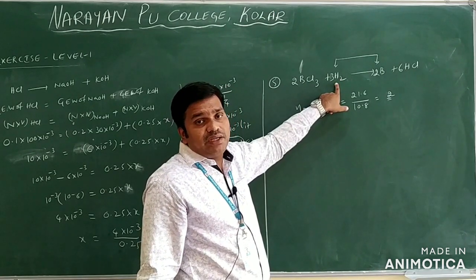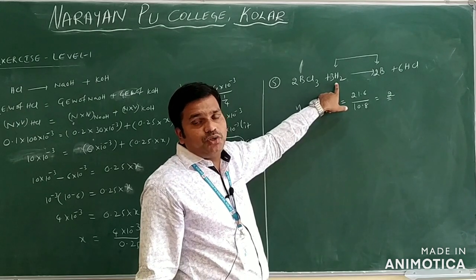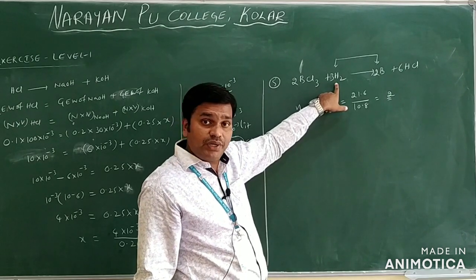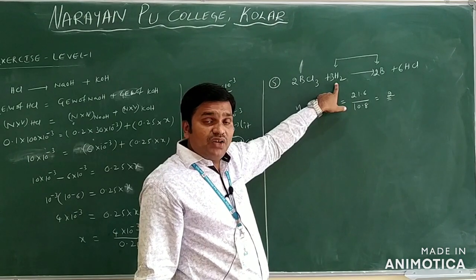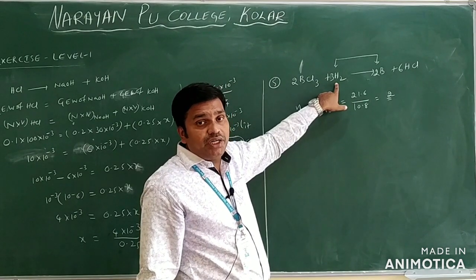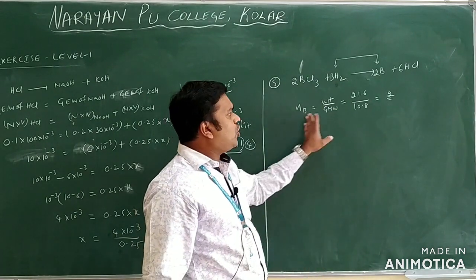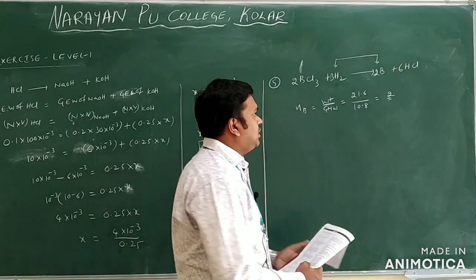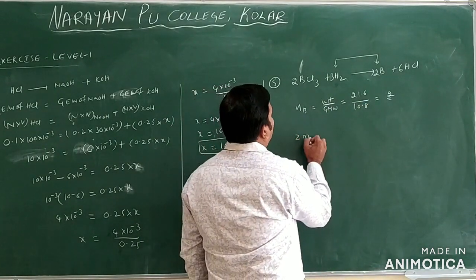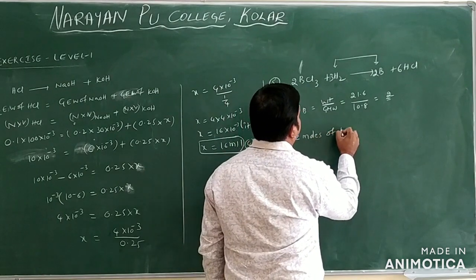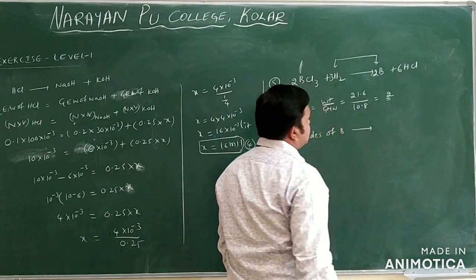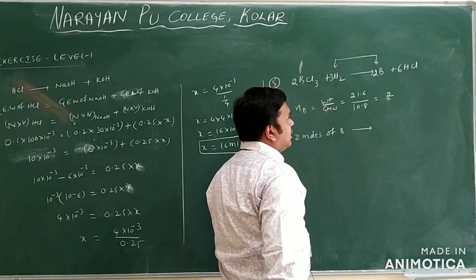3 moles of hydrogen gas means 3 into 22.4 liter of the hydrogen gas. Why? At STP 1 mole of any gas occupies how much volume? 22.4 liter volume. In the problem also you get how much here? 2 moles only. Now I will write here 2 moles of boron requires how much hydrogen?